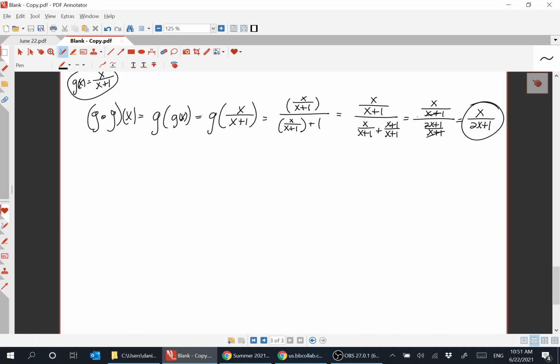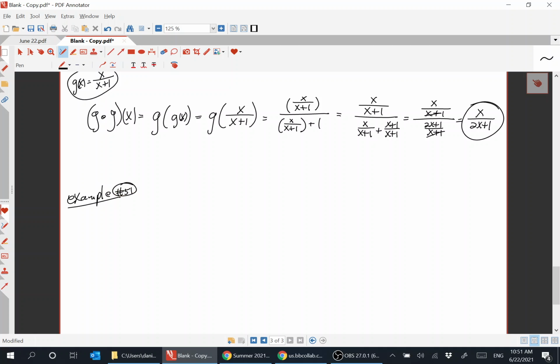Let's look at one more example. So let's take one from the book. 57, 58. Like number 51.